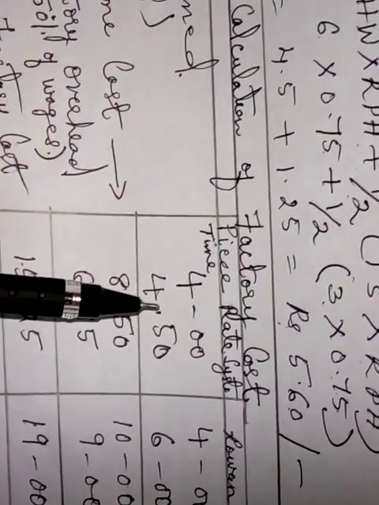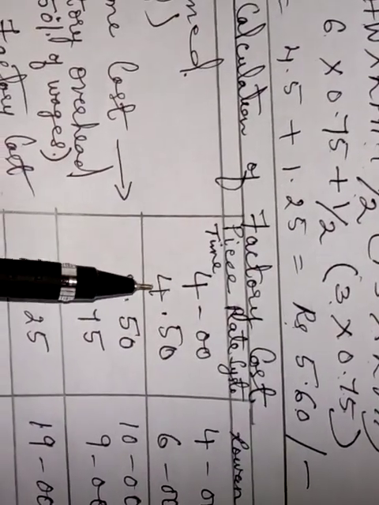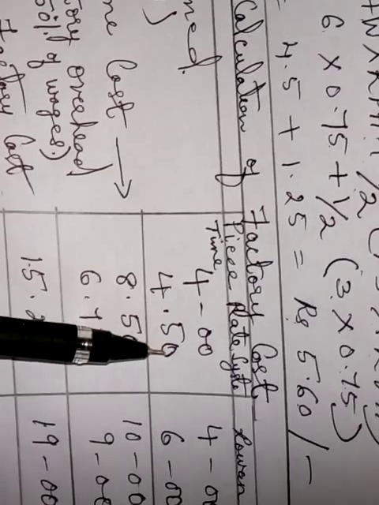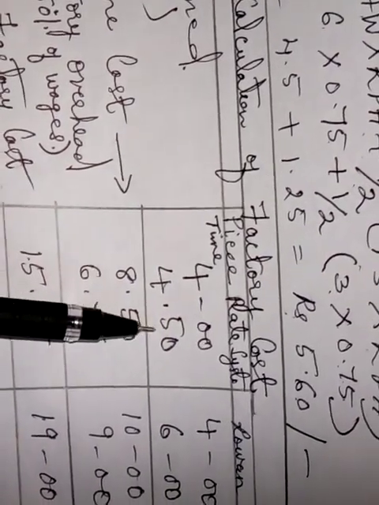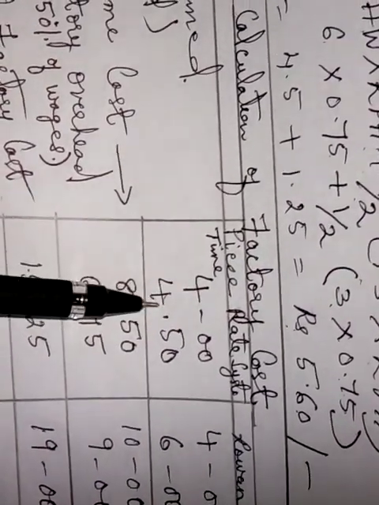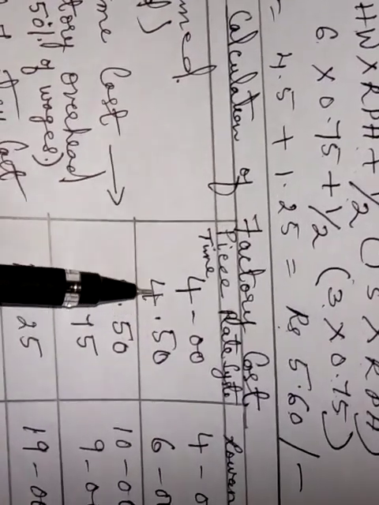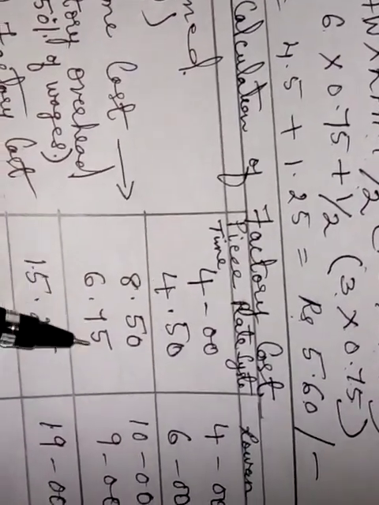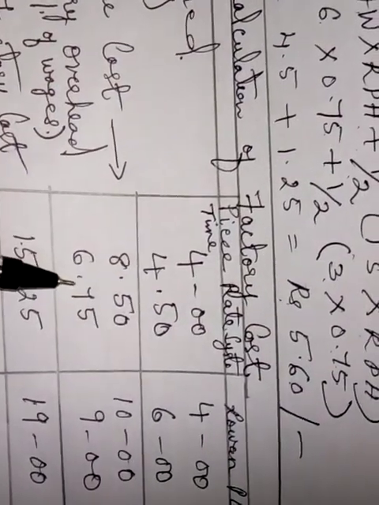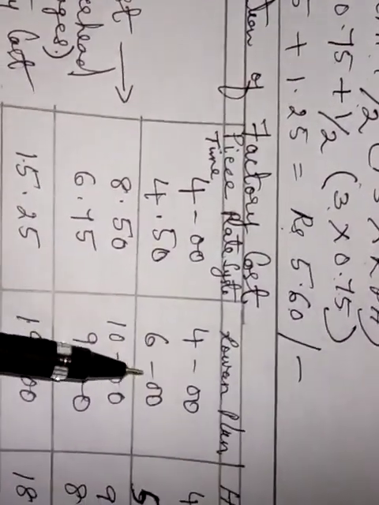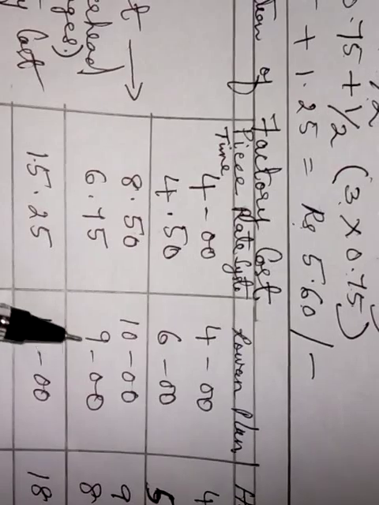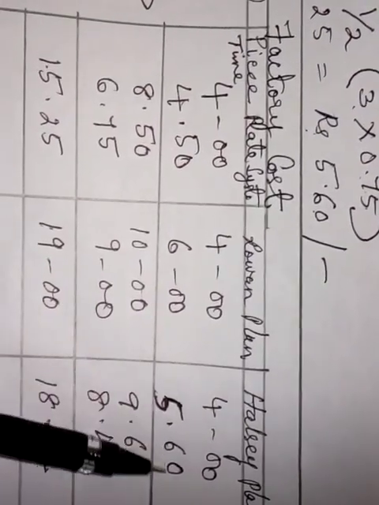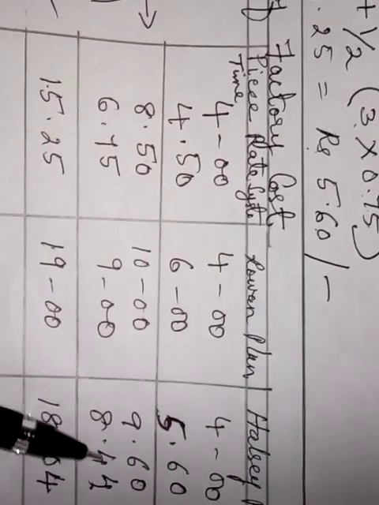Under the time rate system wages are 4.5. Overheads are 150% of these wages. So 150% of 4.5 comes to 6 rupees 75 paisa. 150% of 6 rupees comes to 9 rupees. 150% of 5.6 comes to 8.40.